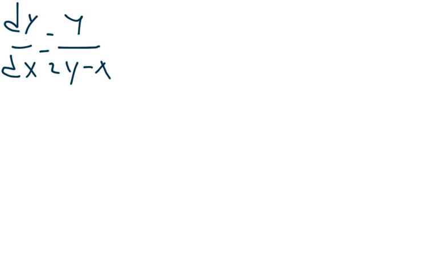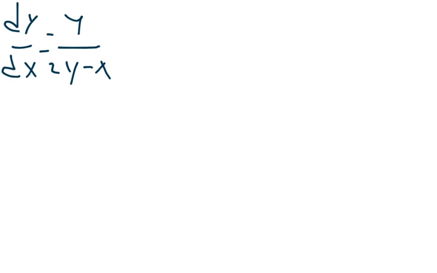Hey guys, Bryant here. For part D, we're going to be taking the second derivative. The first derivative was dy over dx equals y over 2y minus x. To find the second derivative, we're going to use the quotient rule. So y will be our f, and 2y minus x will be our g.